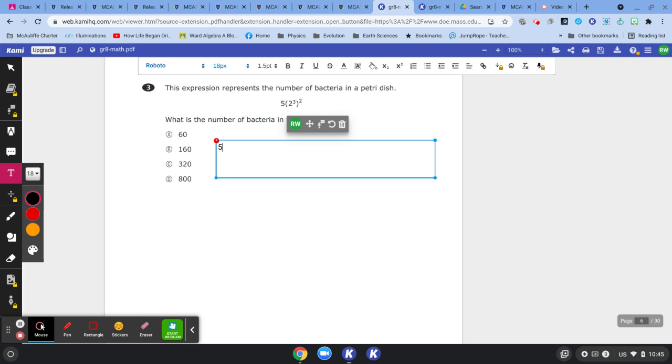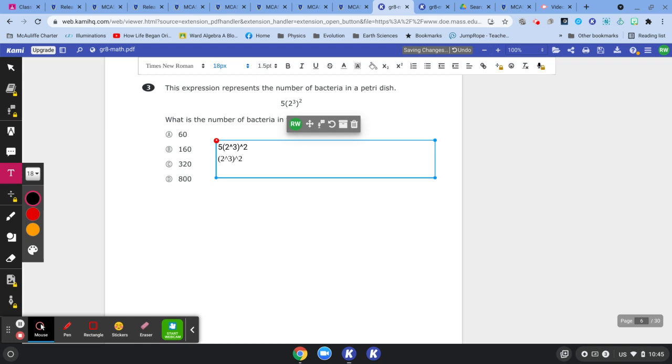So I've got 5 times 2 to the 3rd to the 2nd. And I'm going to just focus on this part, the 2 to the 3rd to the 2nd. So let's separate that out. We'll deal with multiplying that by 5 in a second.